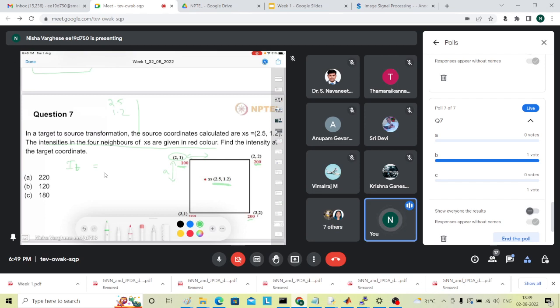Okay, so A will be what? A will be 0.5. B will be 0.2. Right.